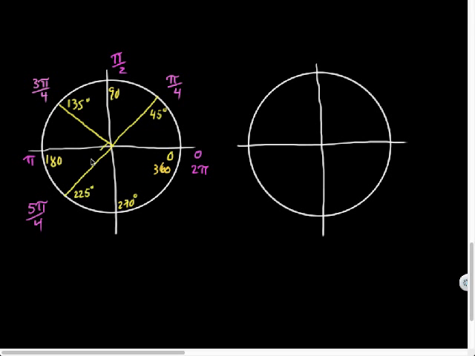So this is 5 pi over 4, and I'm adding another pi over 4, so that's 6 pi over 4, or what happens if I reduce that fraction? 3 pi over 2 radians.